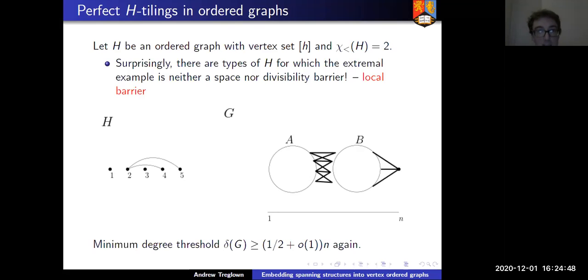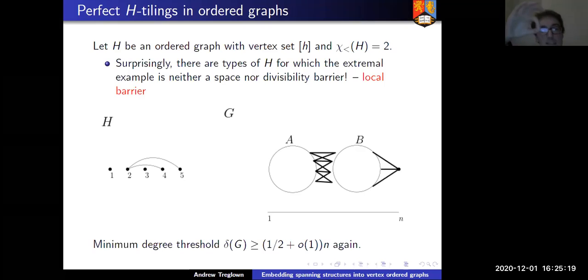Why is that? Precisely because it doesn't have a copy of H covering this last vertex, vertex n. Why is that? Well, n is the largest vertex in your graph, so you have to embed the vertex 5 from H onto it. Then you look and see where 2 would be embedded. It would be embedded in B, because that's where n's neighbors are.